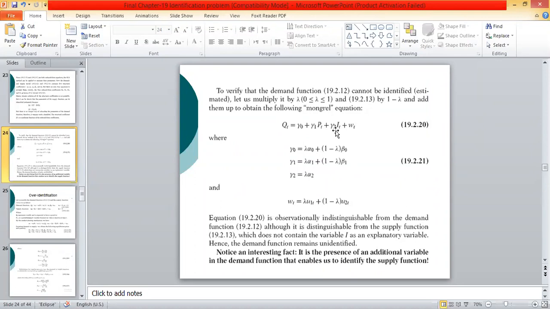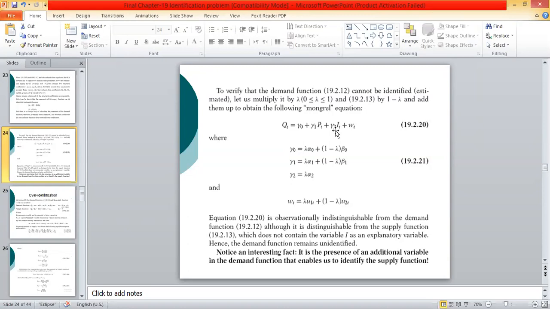For this purpose, I will compare the demand equation with the bogus equation, and you can see that they look the same in appearance, because the demand function depends on the price and the income, and your bogus equation shows that quantity is also dependent on the price and the income level.